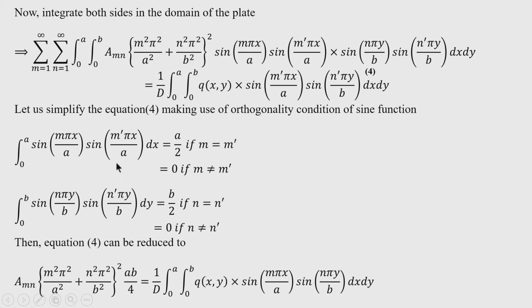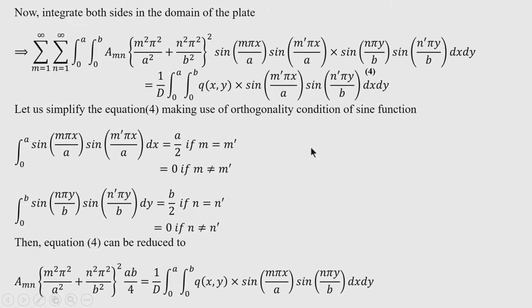So, using this property, it can be seen that all the terms containing sin m pi x by a into sin m dash pi x by a, where m and m dash are different, will vanish. Similarly, all the terms in the summation with sin n pi y by b into sin n dash pi y by b, with n not equal to n dash, will again vanish.